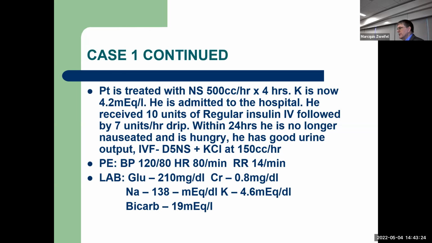This is another place where there is a lack of consensus. Do you give a 10-unit bolus or not? I don't care. Okay. First of all, 10 units isn't much. Secondly, it depends on what the nurse did. Okay, because several things happen.